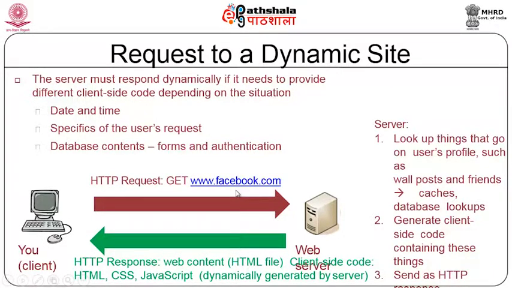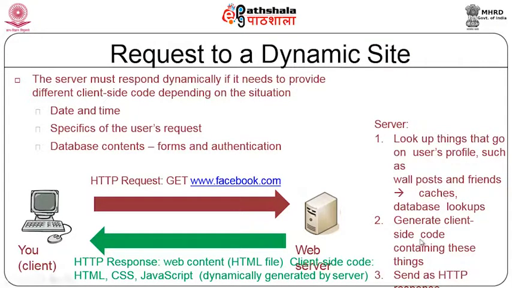Even though www.facebook.com goes to the index page, depending upon the validation it changes. Based on the user, the particular profile of that user has to be loaded with the wall posts, friends, cache messages and database lookups, everything made particularly for the client making this request. So, this varies from one client to another.